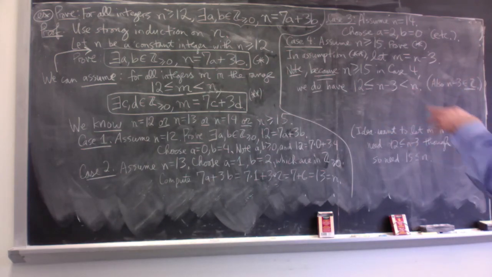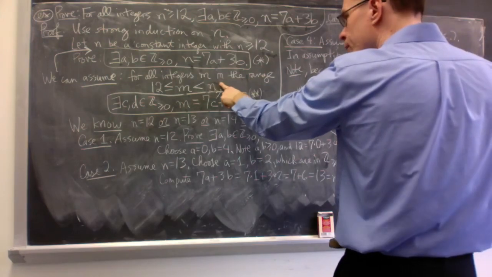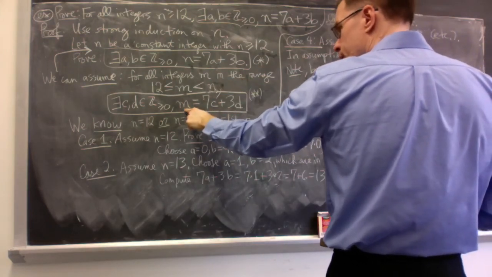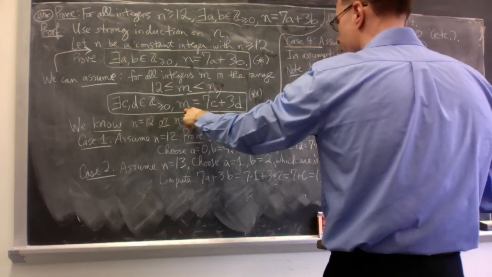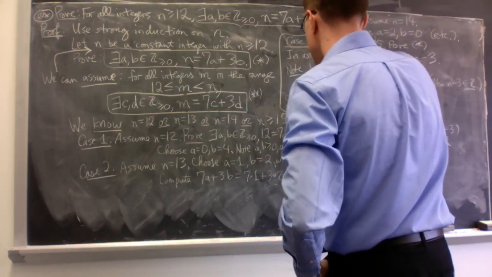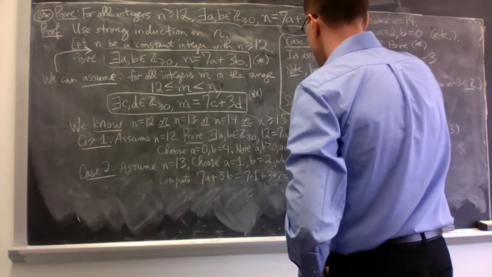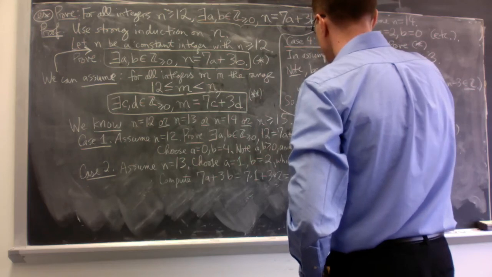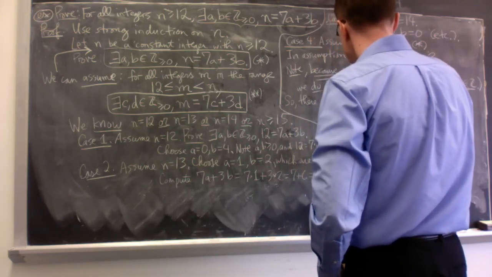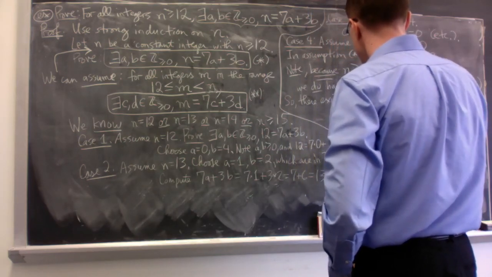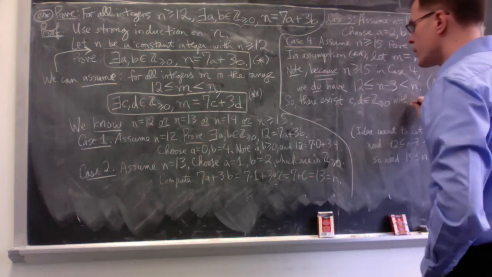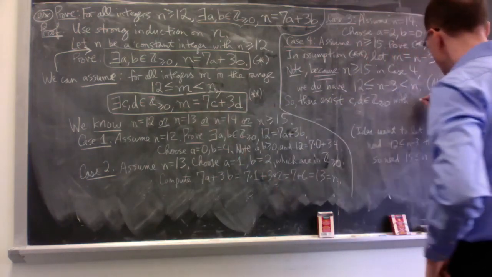Okay. So, because the condition was met, I can conclude that therefore, there exist C and D, non-negative integers, and now m is n minus 3.